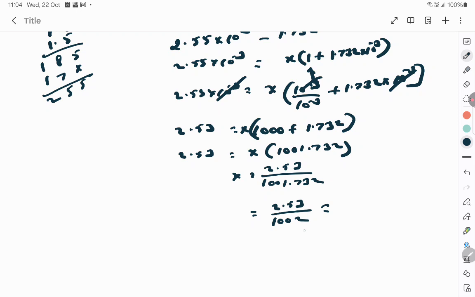So let's assume this is closer to 1. If I approximate this to 1, which means into 10 to the power 3 will be there, this can go up as 10 to the power minus 3, and it will be 2.53 into 10 to the power minus 3 still.